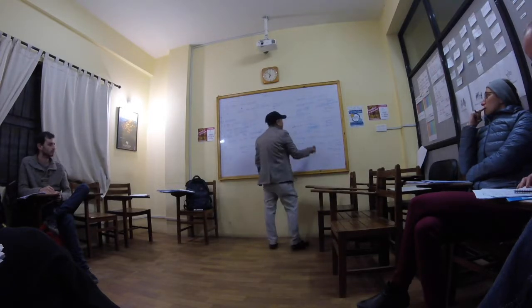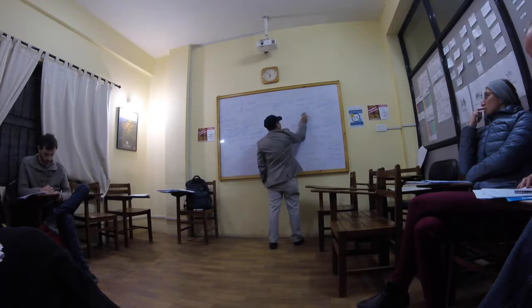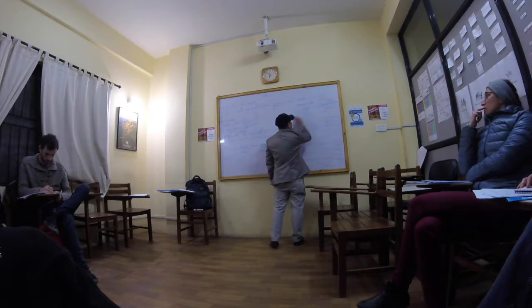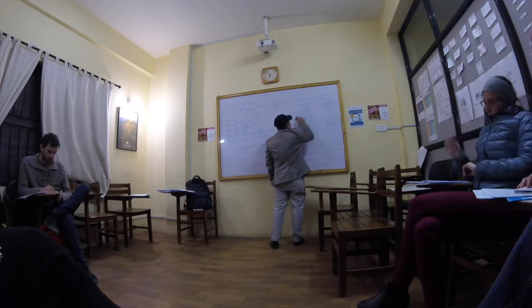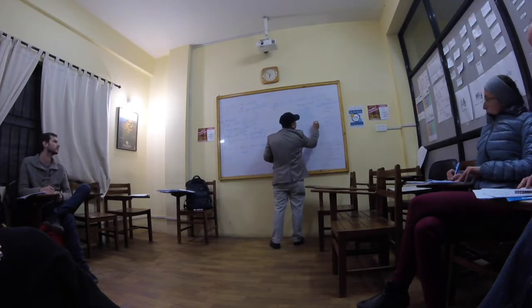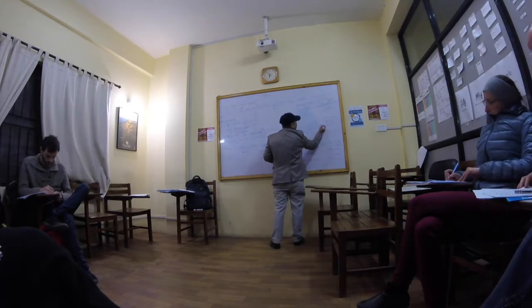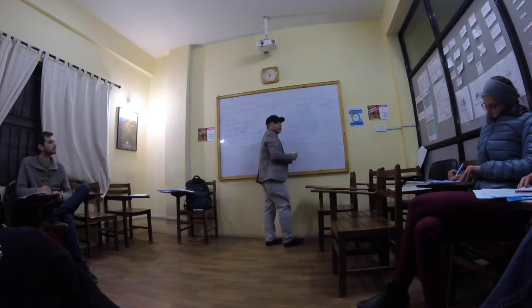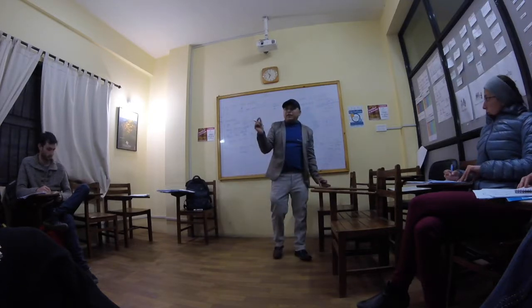We should use 4वटा, 5वटा, 6वटा. But for these 3 counting numbers, you can use the short one. That is, एउटा for एकवटा, दुईटा for दुईवटा, तीनटा for तीनवटा.